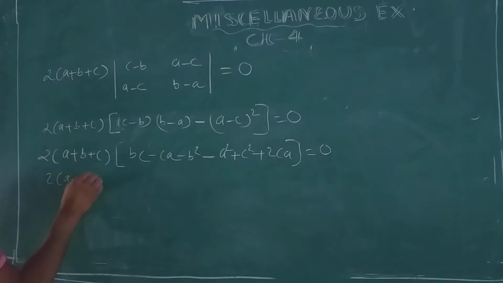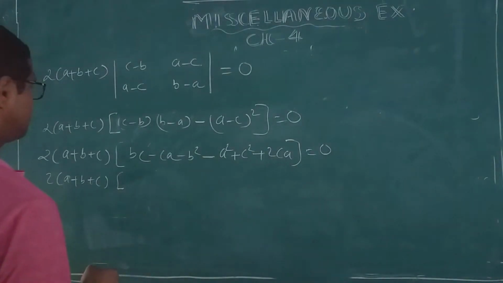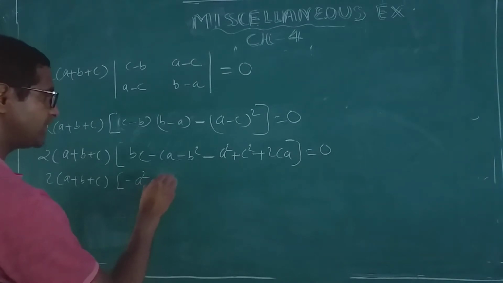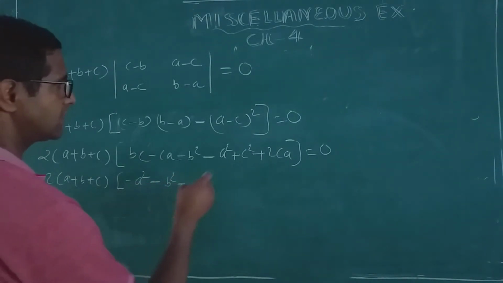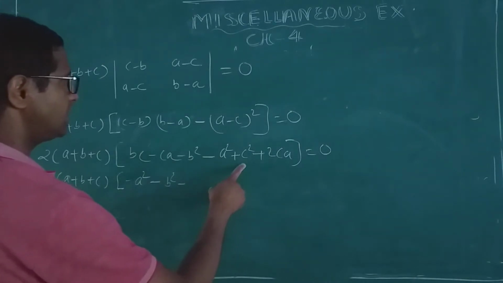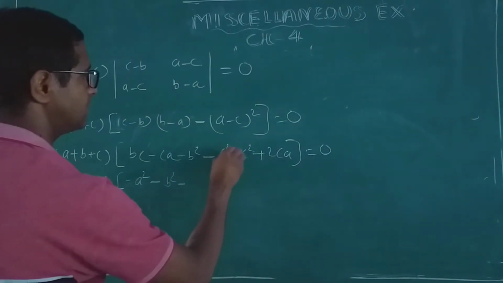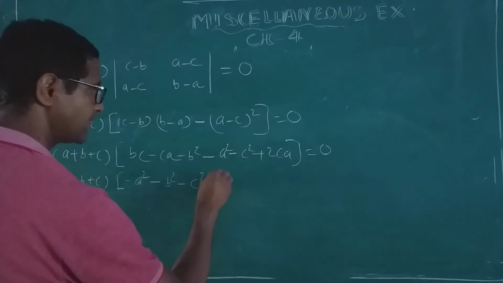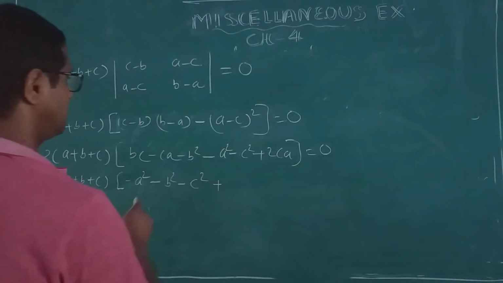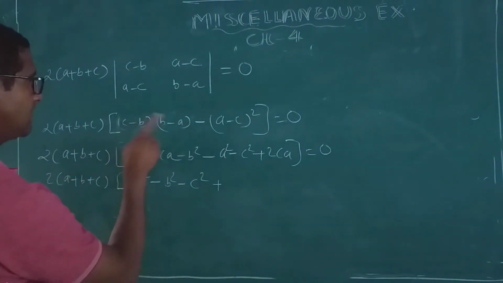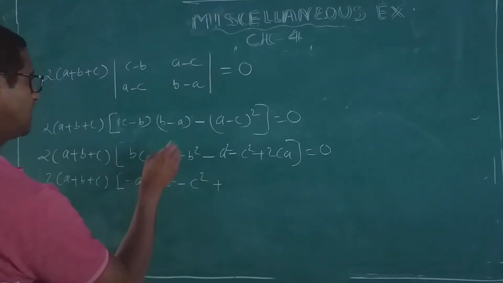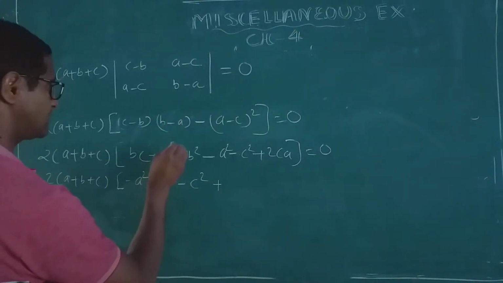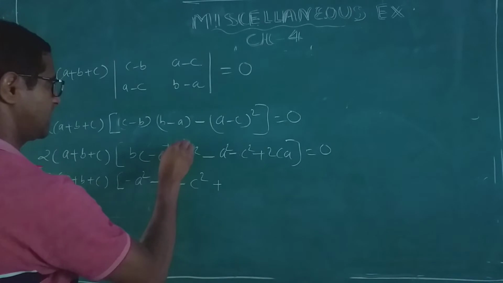Twice (A + B + C), okay, minus A square, after rearranging this, minus A square minus B square minus C square, and 2CA, there must be CB, and this will be CA, and one more term, BA, also AB.